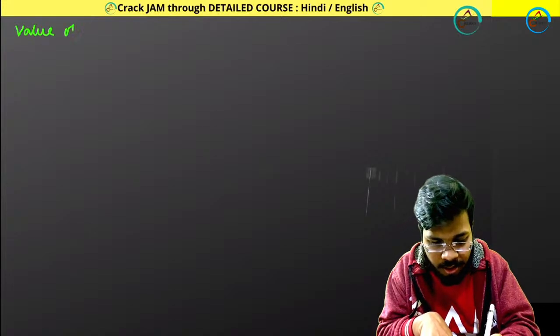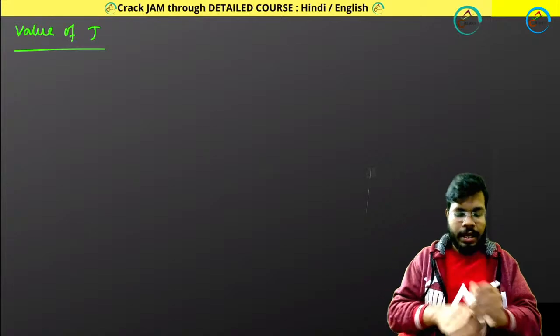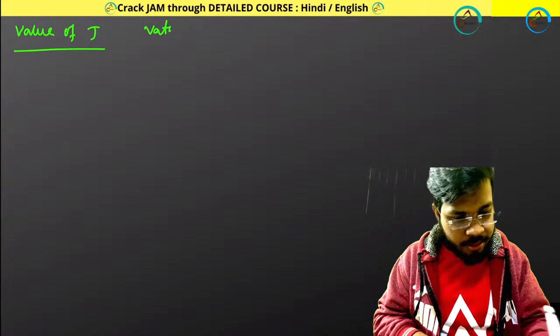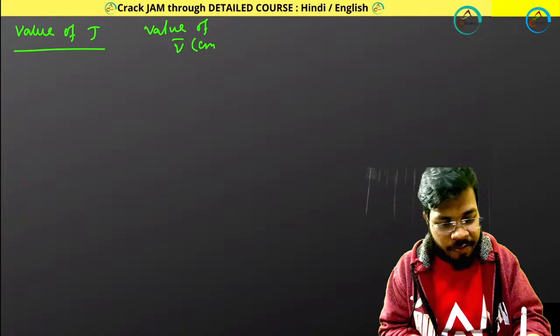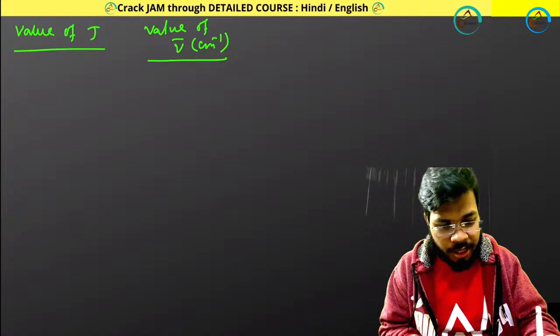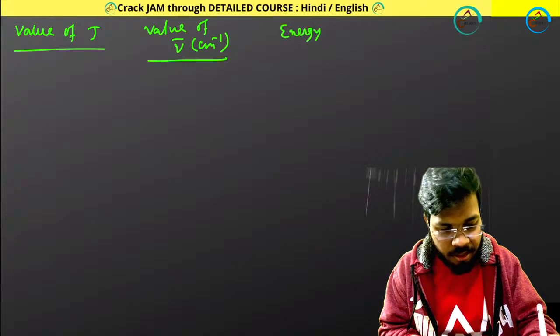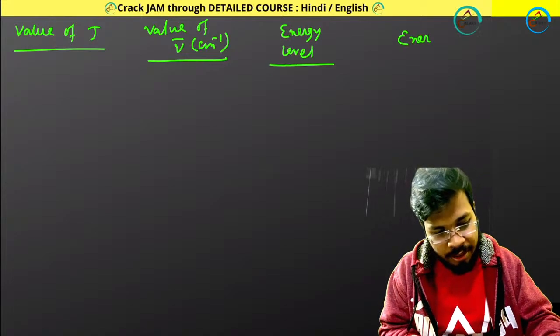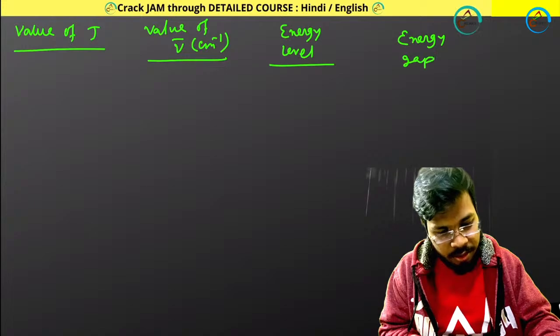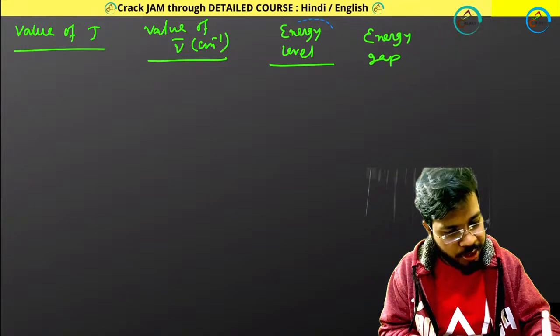Let me draw a plot for this. First of all, I am putting the value of j over here, then the value of nu bar over here in centimeter inverse, definitely. Then I am putting the energy level, and then the energy gap.